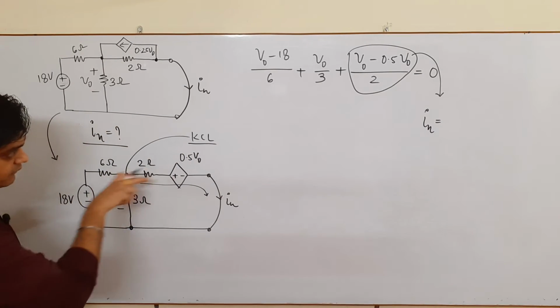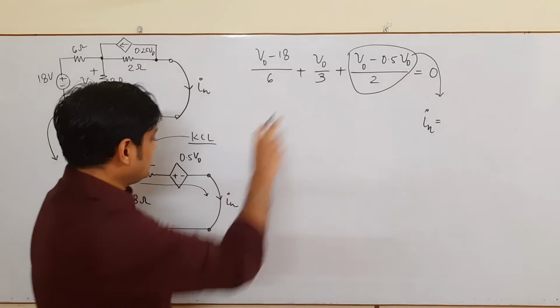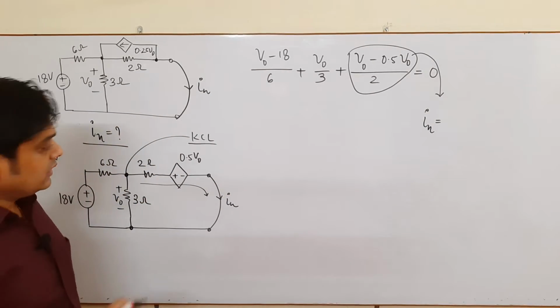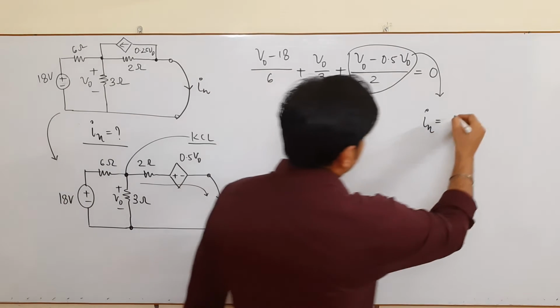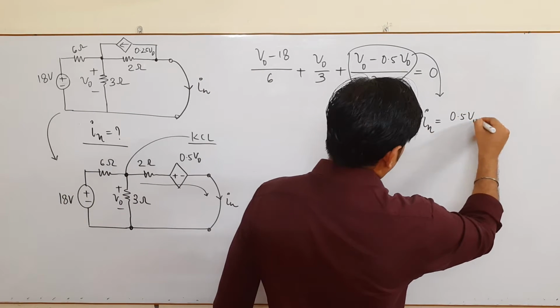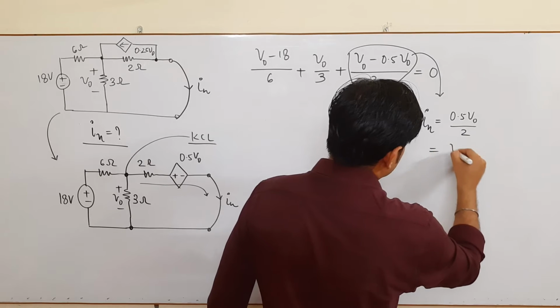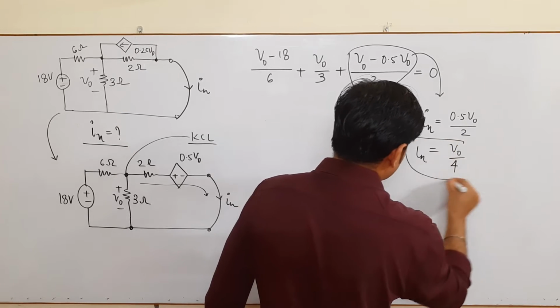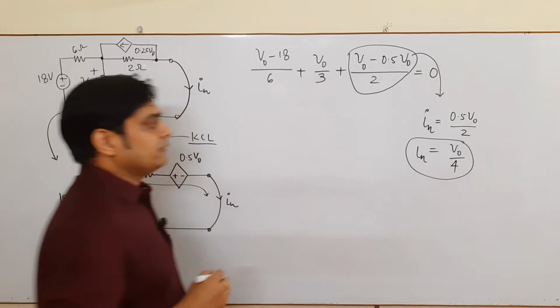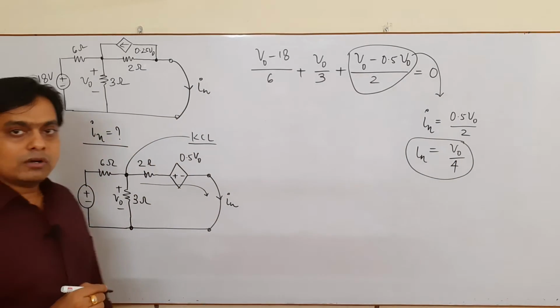The current which we have just now taken, that is V naught minus 0.5 V naught upon 2, is the current which we have considered flowing in this direction. So you can say that 0.5 V naught upon 2, or you can say V naught upon 4, is your IN. Very important. So basically you have to find the value of V naught, then one can get the value of IN.